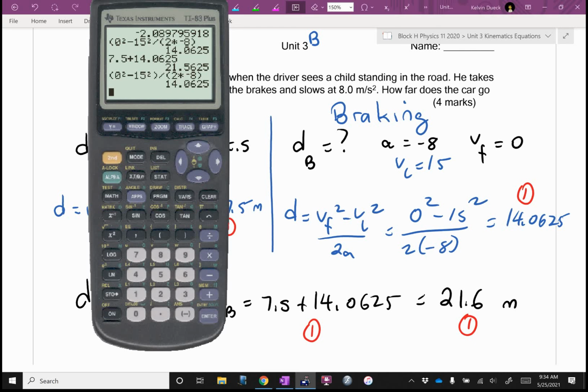I lucked out with the 0 squared. So it ended up not making a difference because the first term is a 0, but that's a total fluke. You're right, I should have closed off the bracket. Yeah, I only did the braking part. I completely forgot to do the coasting part. So you would get 1 out of 4.